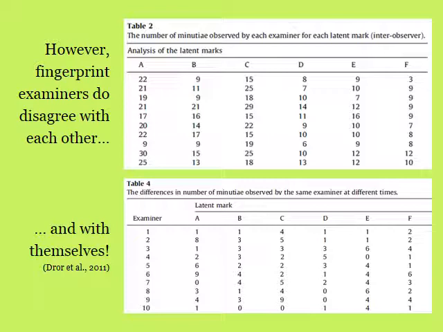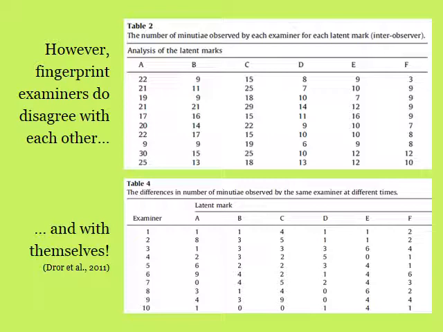So this table shows the difference for each examiner in the number of minutiae that they saw in the same fingerprint from one day to another day. Examiner 2, for example, analyzed fingerprint A twice, but one of those times they saw 8 more minutiae in the same fingerprint on one day than they did in the same fingerprint on a different day.